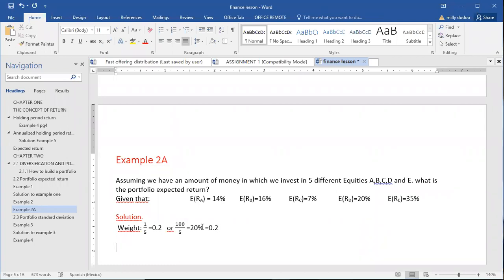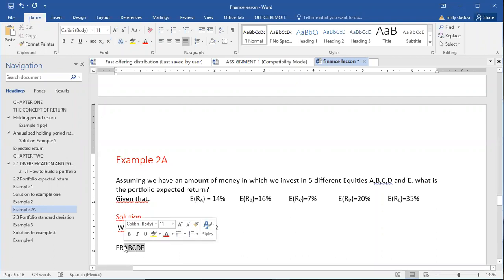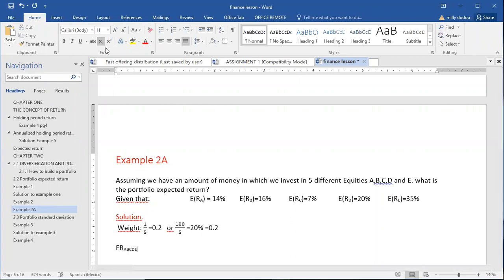So when I say expected return for this investment, that is for investment A, B, C, D, E. We normally subscript this one. That's why you see me writing it down here. So for investment A, B, C, D, E, it's going to be 0.2 multiplied by the first one, 0.14.